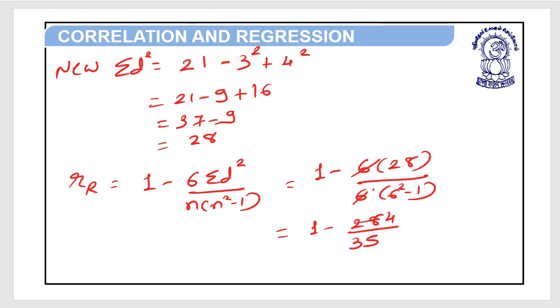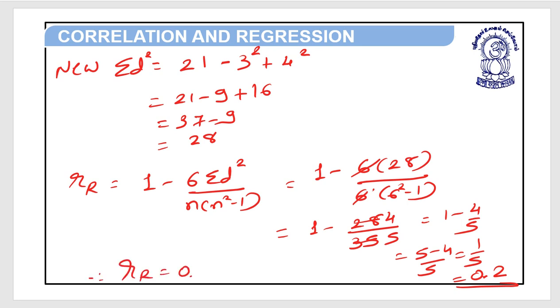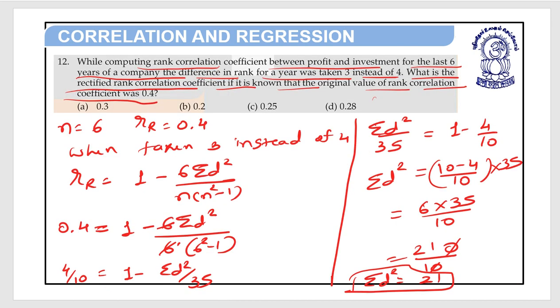So 7 4s are 28, 7 5s are 35, 1 minus 4 by 5, 5 minus 4 by 5 is equal to 1 by 5 is equal to 0.2. So RR is equal to 0.2. So option B is the right answer, 0.2.